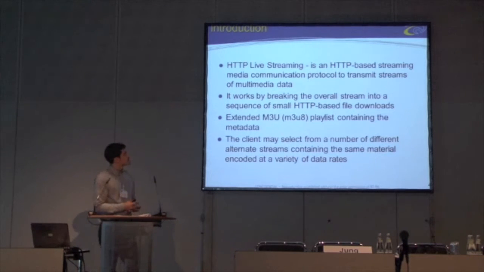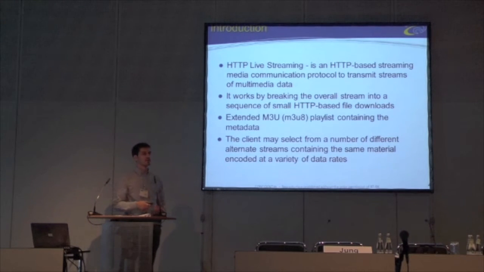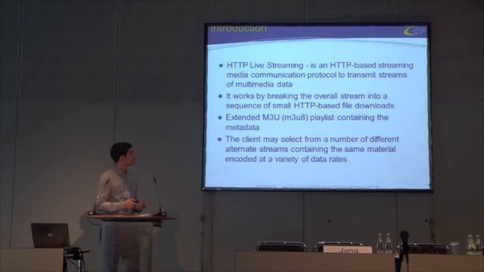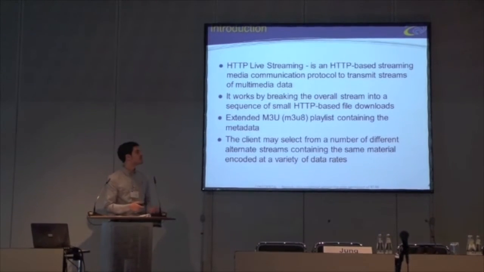HTTP live streaming is an HTTP-based streaming media communication protocol to transmit streams of multimedia data. It works by breaking the overall stream into a sequence of small HTTP-based file downloads.